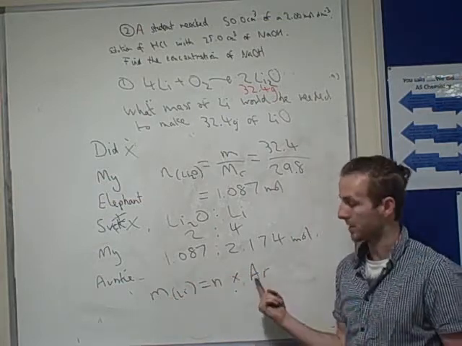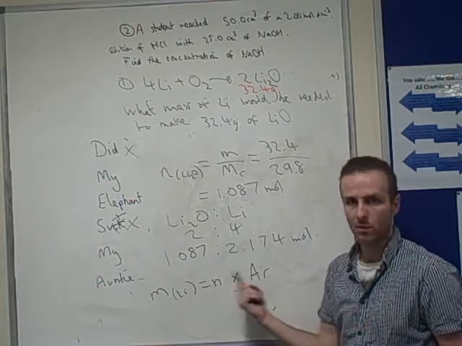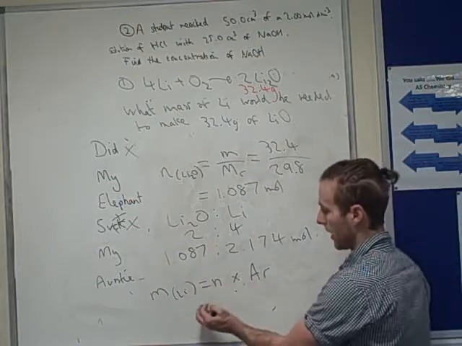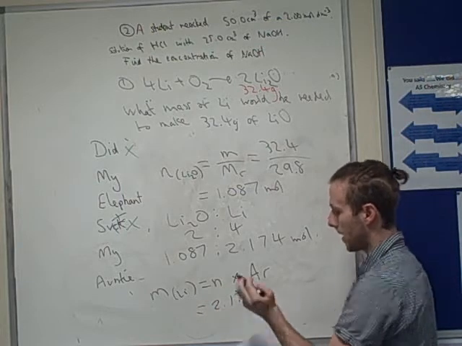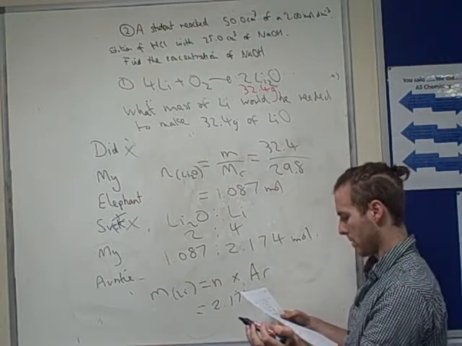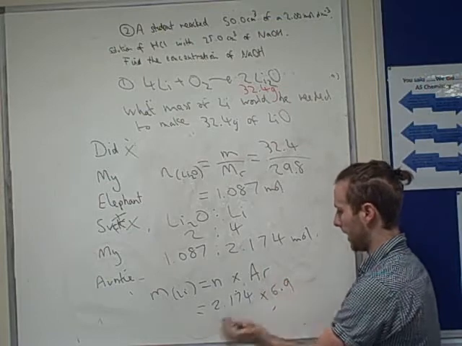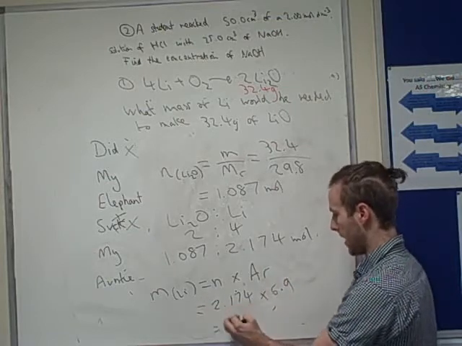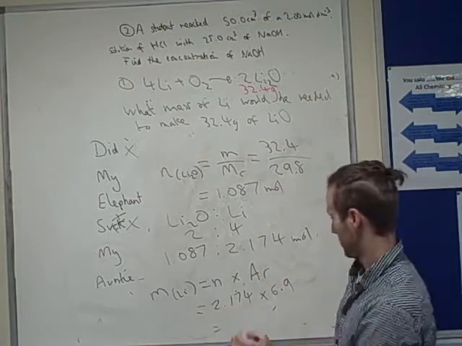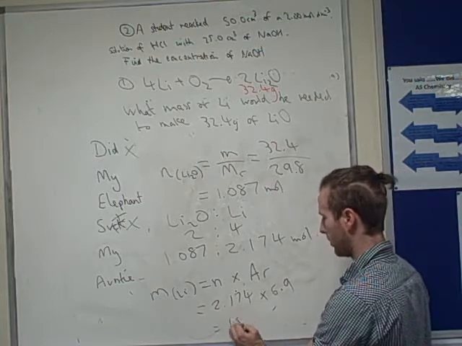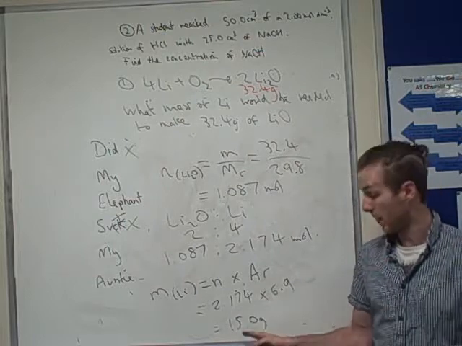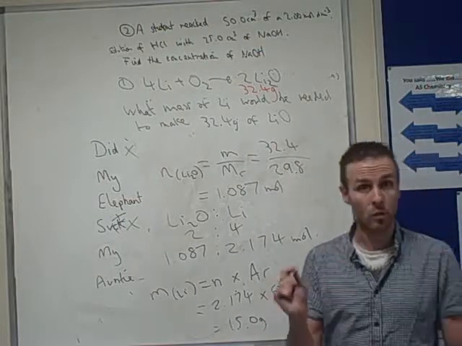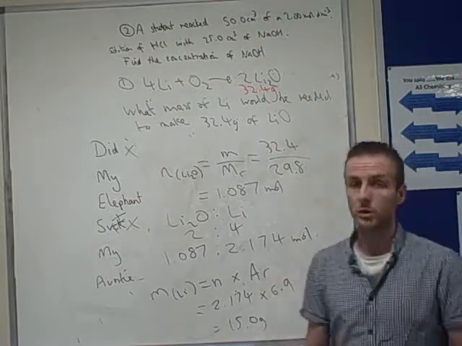I've said AR because it's an atom, not a molecule. So that's going to be my moles, 2.174, times my AR of lithium, which is 6.9. Bang it in a calculator, and I think that comes to 15.0. I'm not sure if I've rounded that right, but whatever you get in a calculator for that, that's what the answer is. Make sure it's 3 sig figs, make sure we've got units.